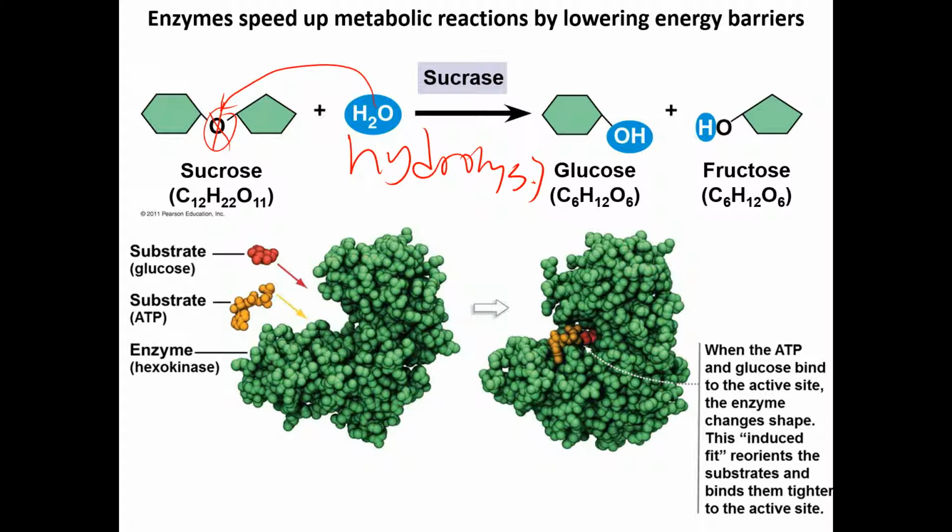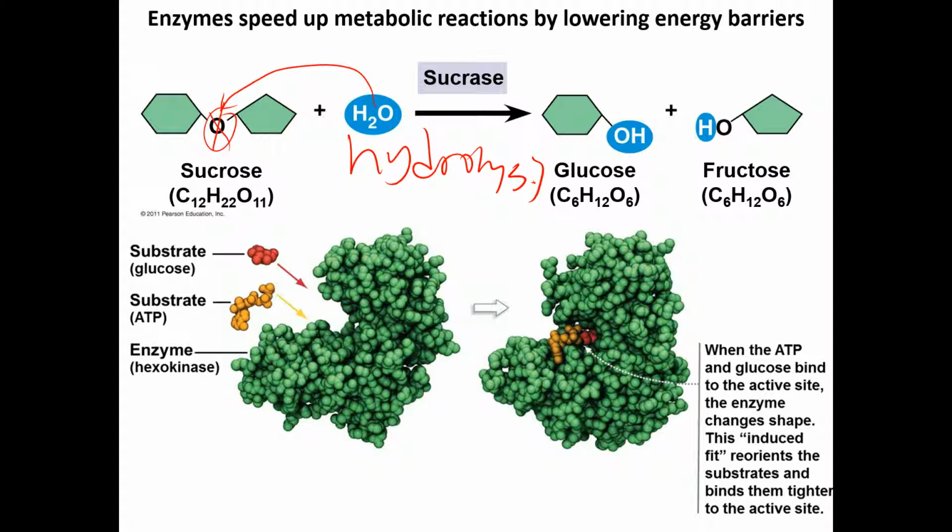So you end up with your products. The enzyme facilitates by torquing and twisting that molecule of sucrose. It weakens that covalent bond so that it's easier for that water molecule to break that covalent bond.